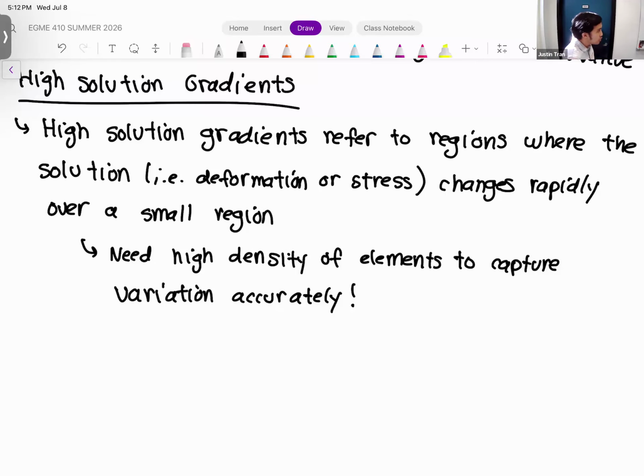This is an issue because the amount that a solution can vary within an element is limited by its shape function.